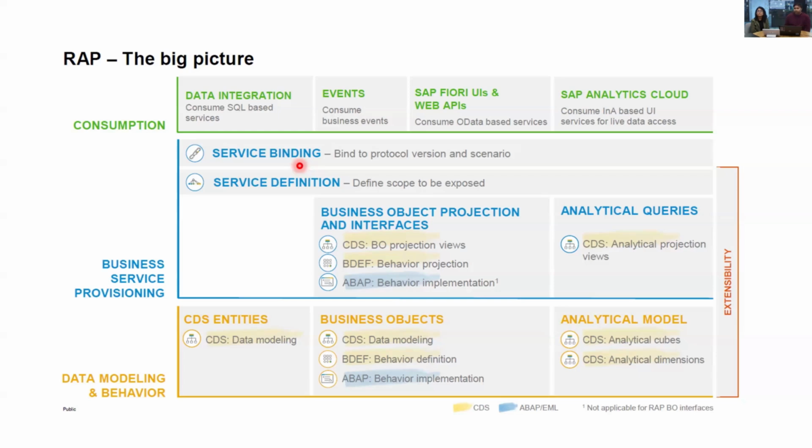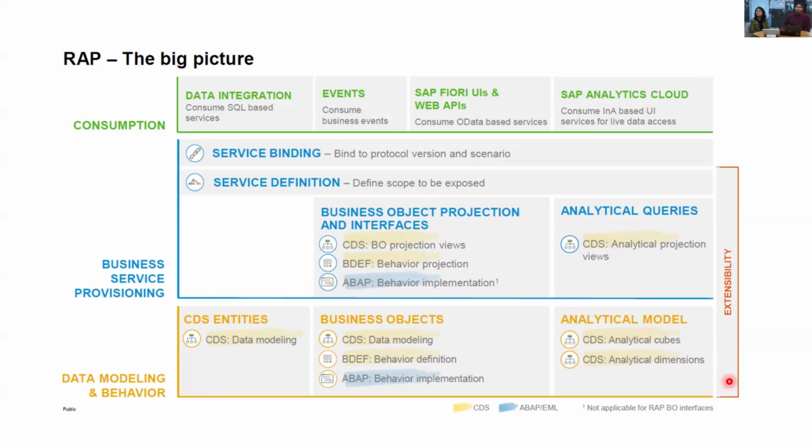Once you define that and publish the service, you can consume it in different applications, whether it's data integration, event mesh, SAP Fiori-based applications, or web APIs, or even in analytical scenarios. Whatever you see on the left-hand side is the architecture or development model for transactional scenarios. The same is applicable for analytical scenarios as well.